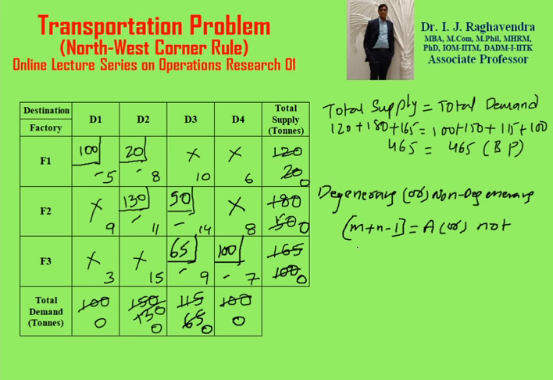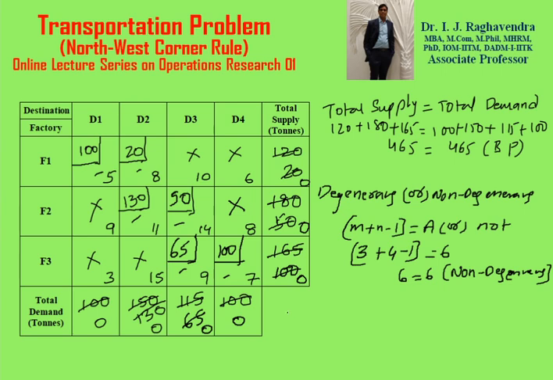Here m means number of rows and n number of columns. So 3 rows, 4 columns, minus 1. And now how many allotments? 6. That means 6 equals 6. So this is a non-degeneracy problem. So there is no additional modification to this table.